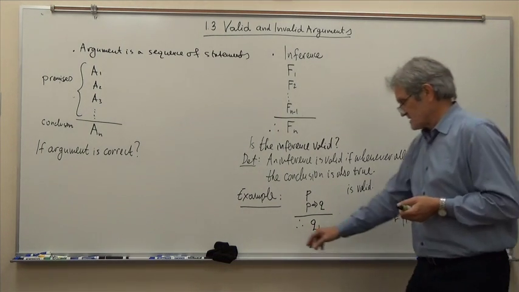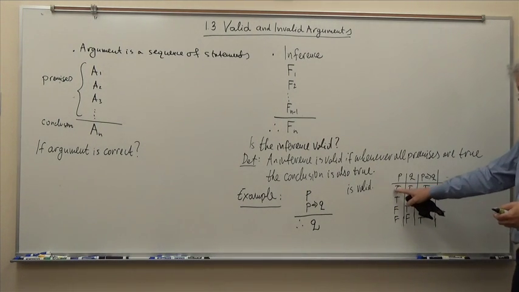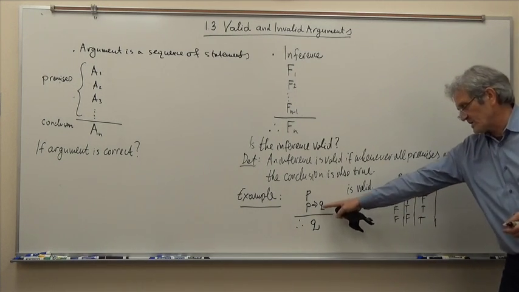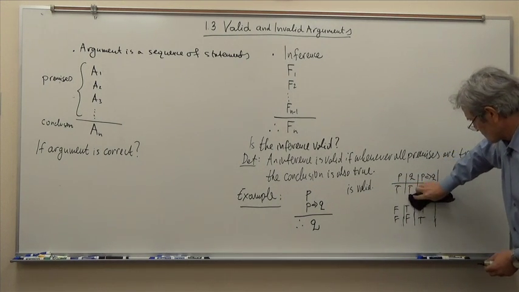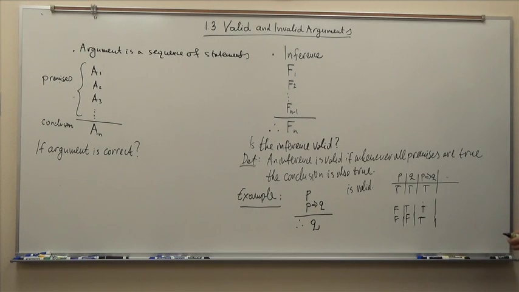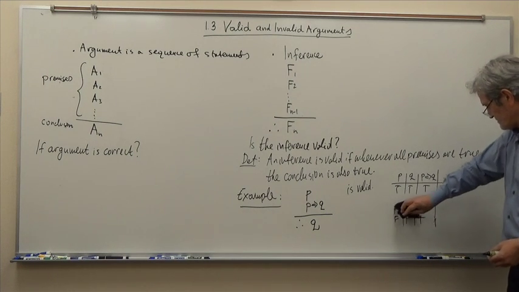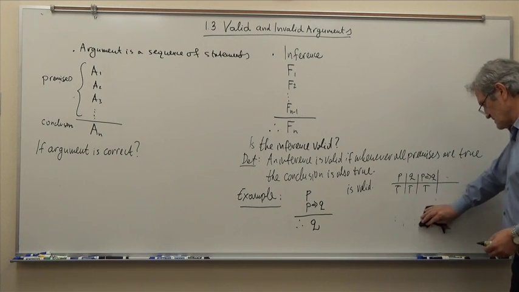Your premises are P and P implies Q. This line is irrelevant, I will even erase it, because P implies Q is not true, so here I don't care if the conclusion is true or not. What about this one? The same thing here, and the same thing here because P is not true.